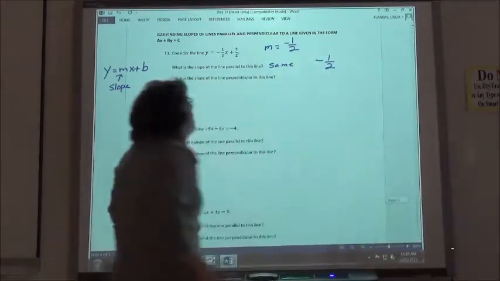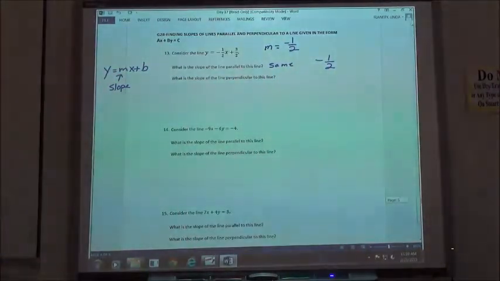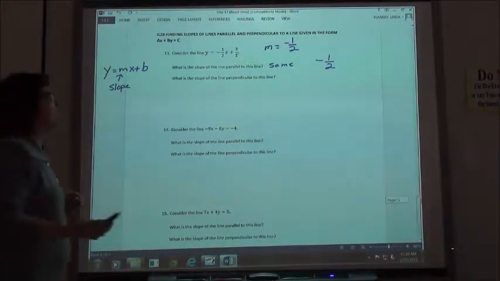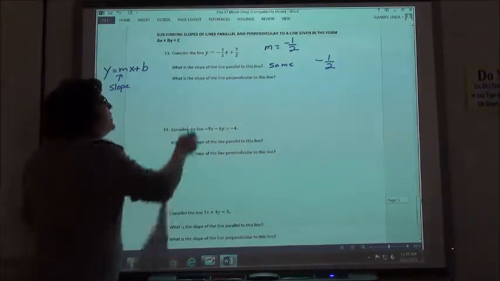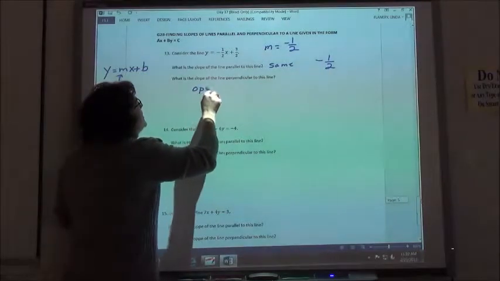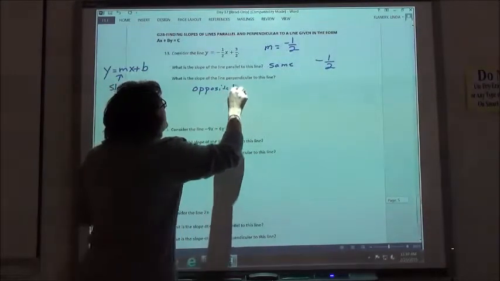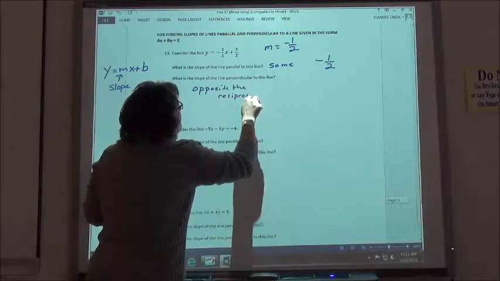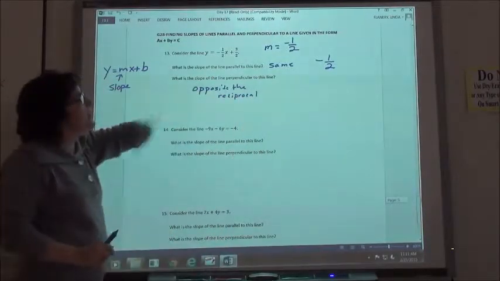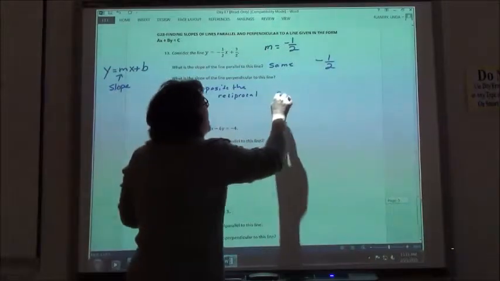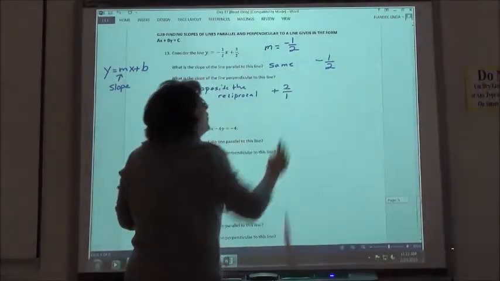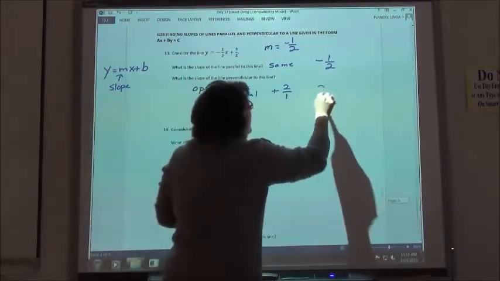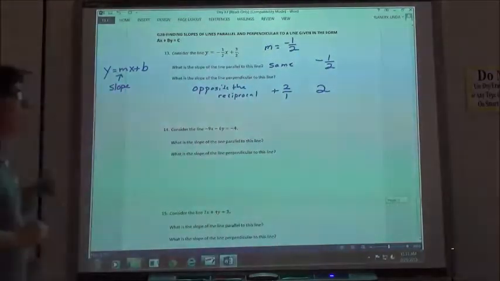-1/2. The slope of the line perpendicular to the line. What they're going to tell you for the slope of the line perpendicular is that you're going to do the opposite reciprocal. So if that slope is -1/2, I'm going to have a positive 2/1, which of course can be simplified into just 2.